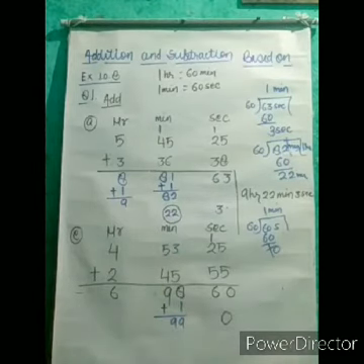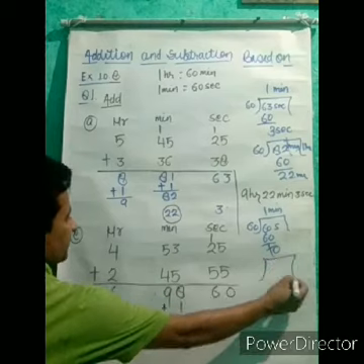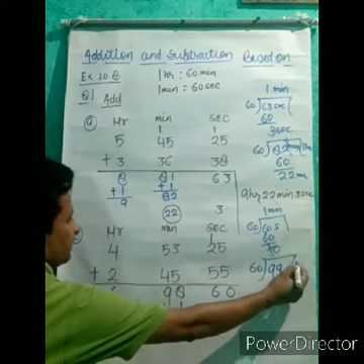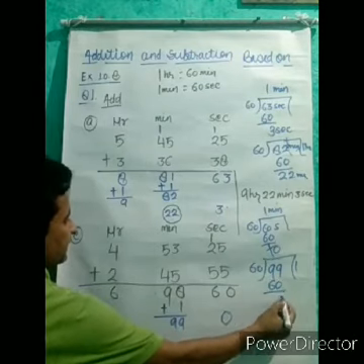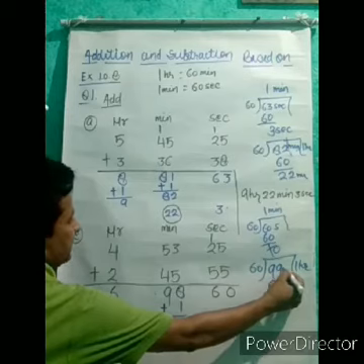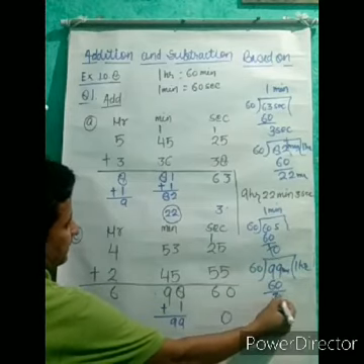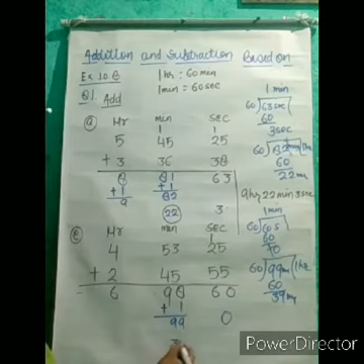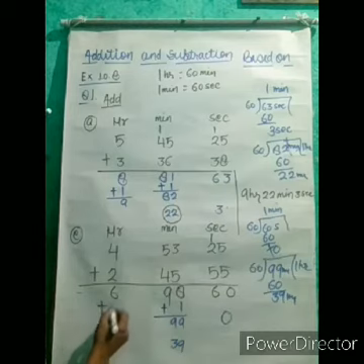99 minutes are more than 60. So in this 99 you will divide by 60. One time 60. Here the answer will come in hours. 99 is minutes, so the remainder will come in minutes. So the remainder you can write here 39, and then 1 hour you can add to 6.